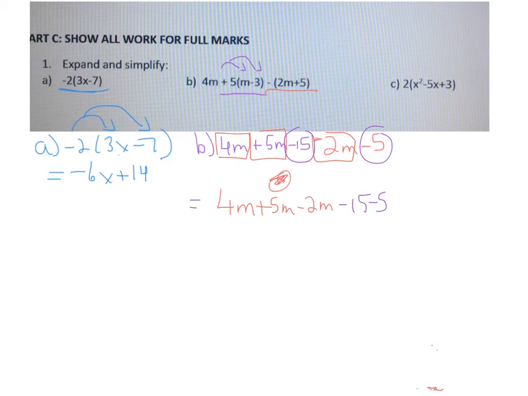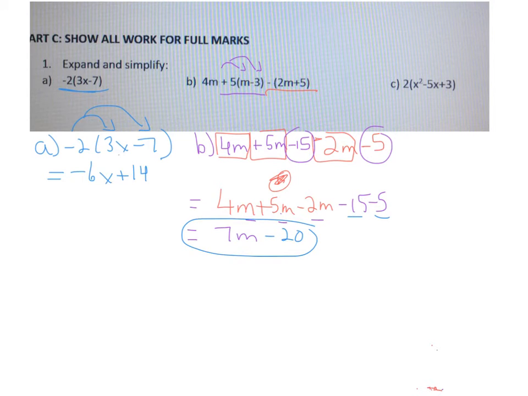And an equals on the left side. 4m plus 5m minus 2m is 4 plus 5 is 9, minus 2 is 7m. Minus 15 and minus 5, we have 15 negative guys. Along come 5 more negative guys. We have 20 negative guys. So all that becomes a binomial answer at the end.